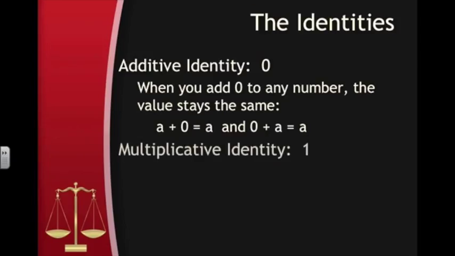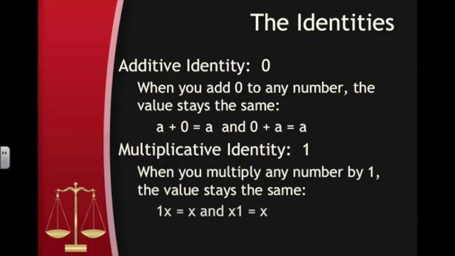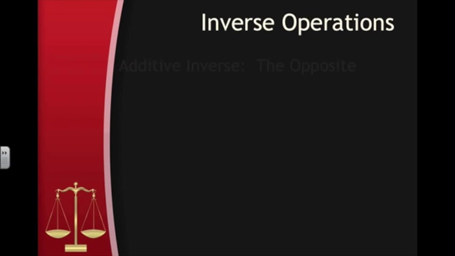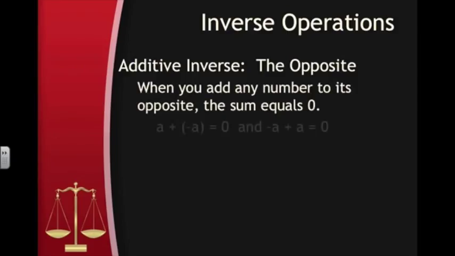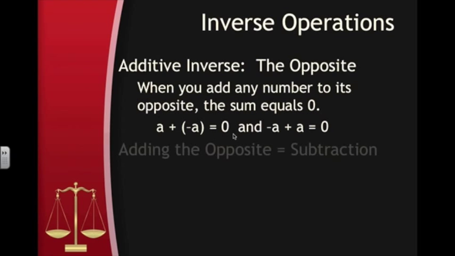The multiplicative identity is 1 because if you multiply any number by 1, it keeps the same value.